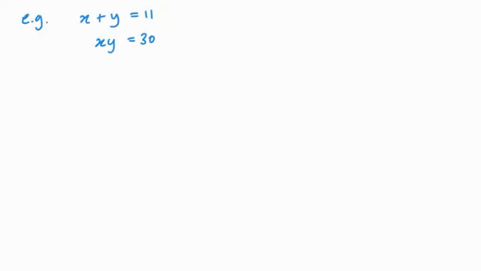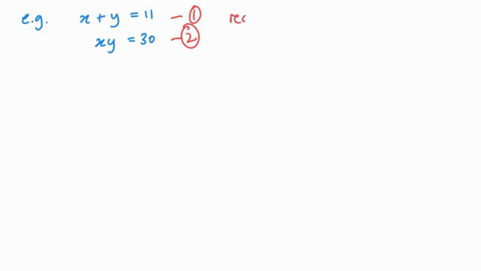When I'm looking here, what I can see is this is a linear equation and this is a quadratic one, because instead of an x squared you've got an x times a y. Okay, because that multiplication of the unknowns is the same as a quadratic equation. So like the previous ones, start with labeling both equations, and then what I always need to do is rearrange my linear equation.